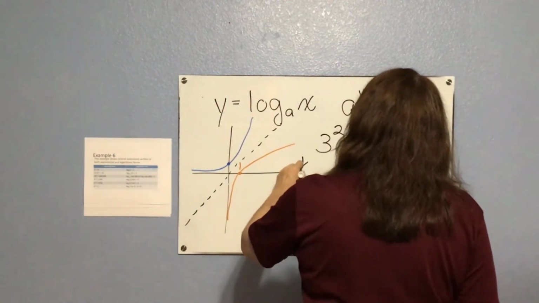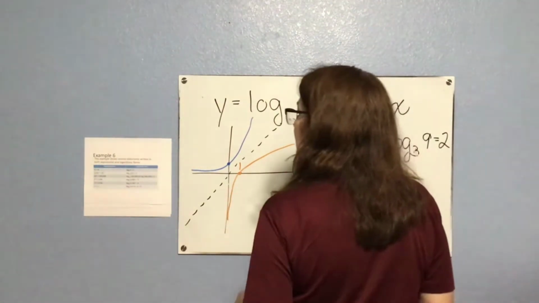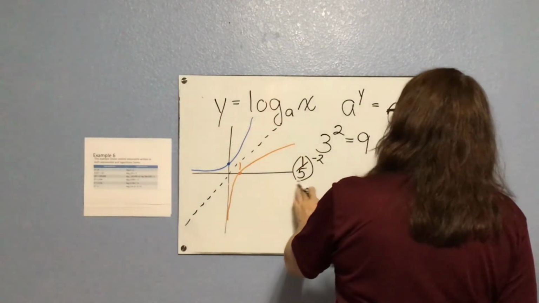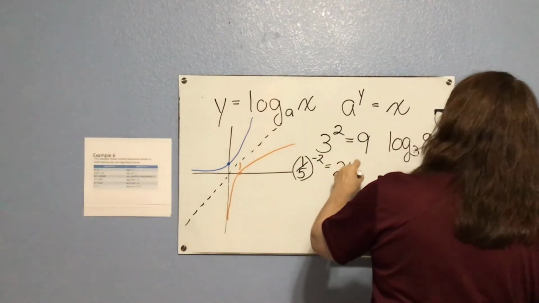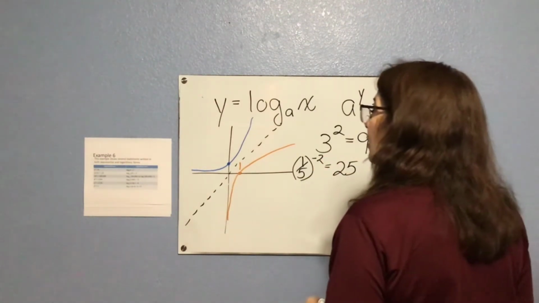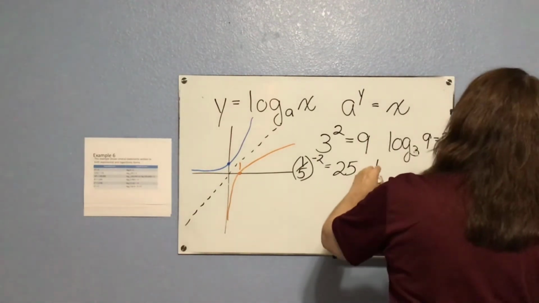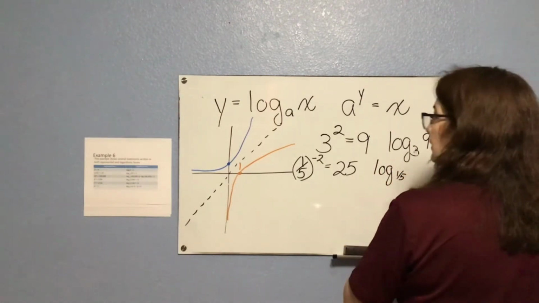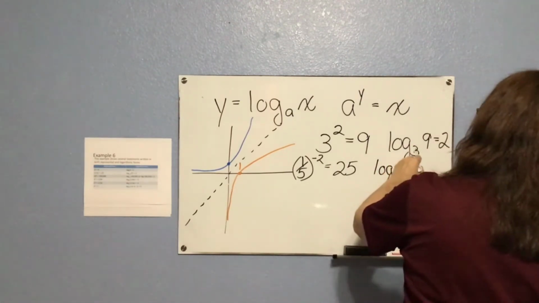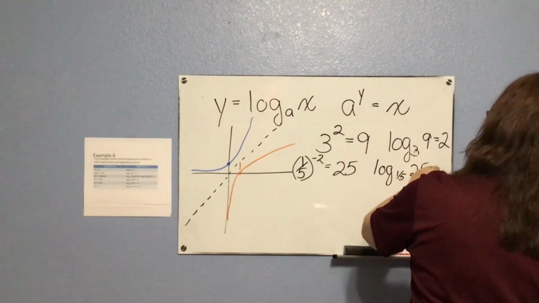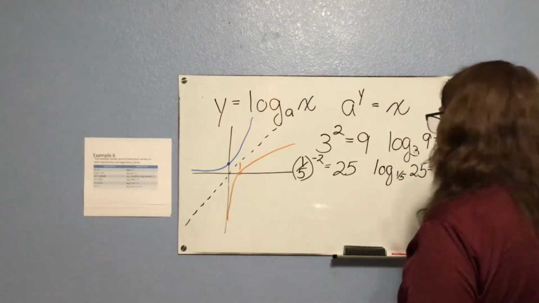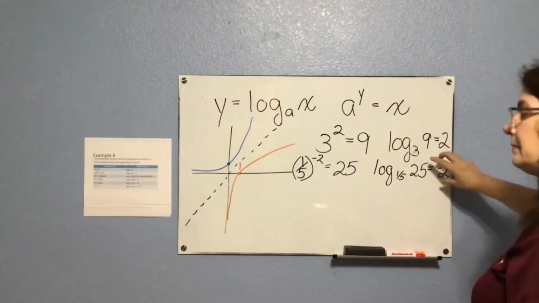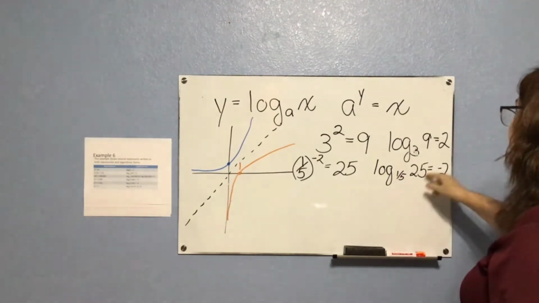How about 1/5 to the negative 2? That equals 25. To write that as a logarithm, I could say log to the 1/5 of 25 is equal to negative 2. Okay, because 1/5 to the -2. The negative means I'm going to flip it over and get 5 and then square it.